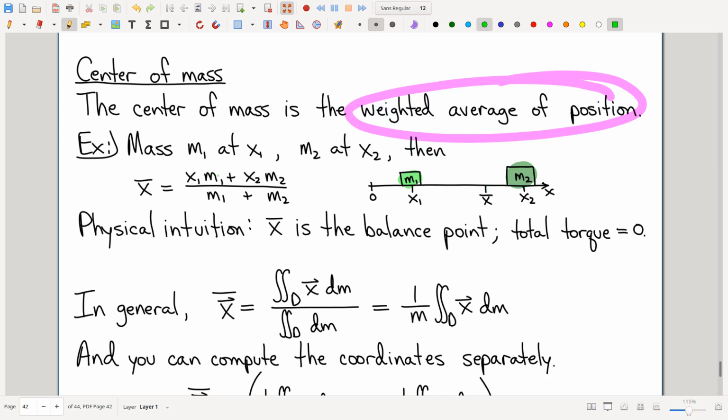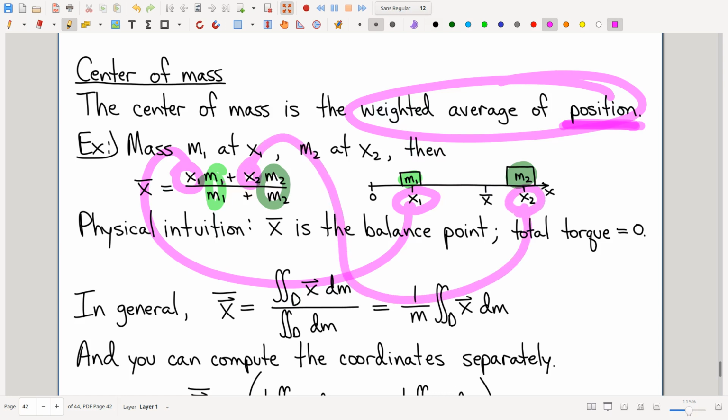So my first weight is the first mass, and my second weight is my second mass. And as claimed, we're looking at a weighted average of position. So x1 is the first number that I'm taking a weighted average of, and x2 is the second number. So literally a weighted average position.